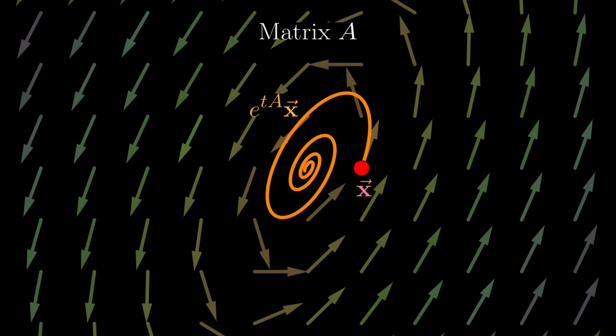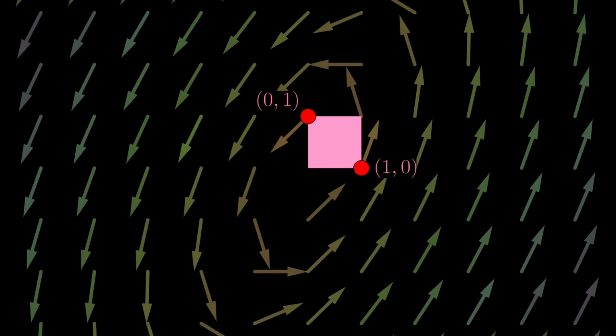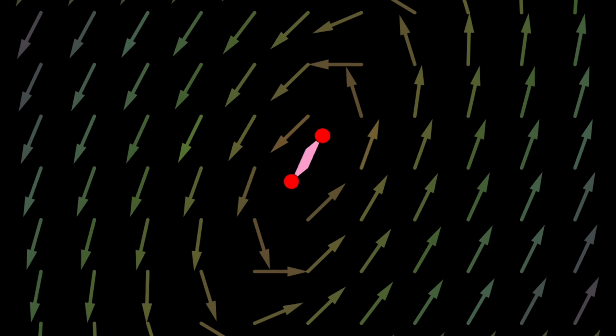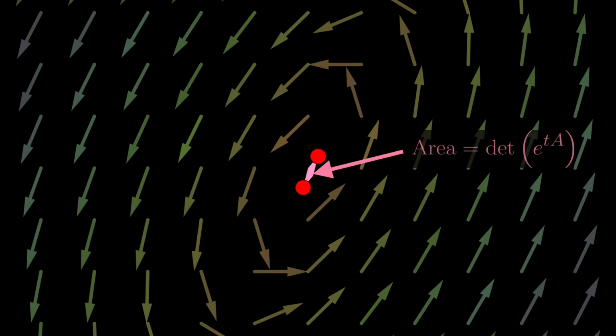The determinant of a matrix is the scale factor of this unit square under the matrix transformation. Applying the matrix e to the tA to this square is equivalent to letting the region flow along the vector field, so the area of whatever we end up with is the determinant of the matrix exponential.